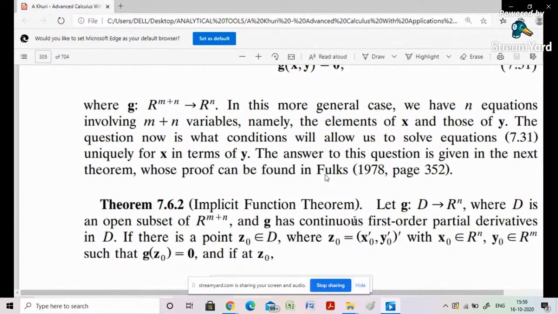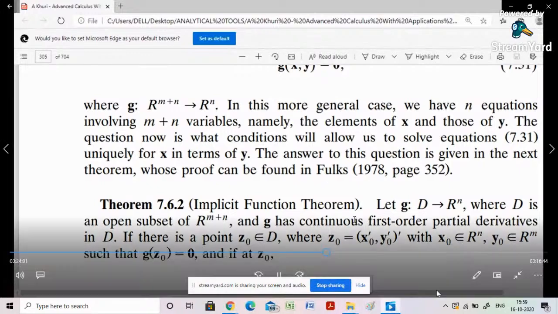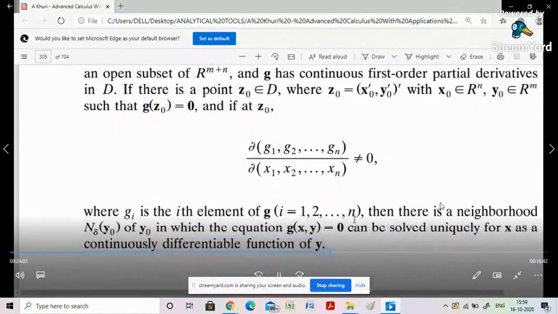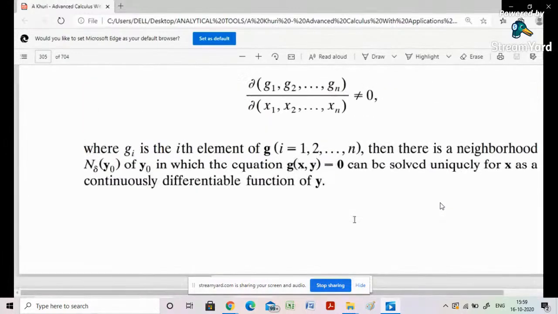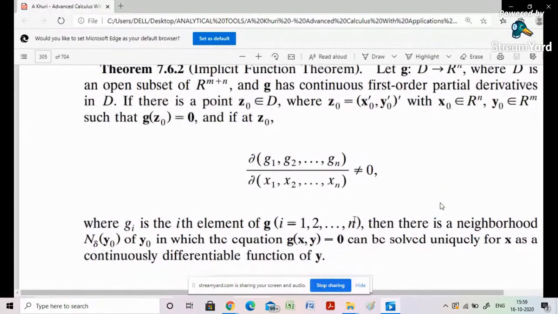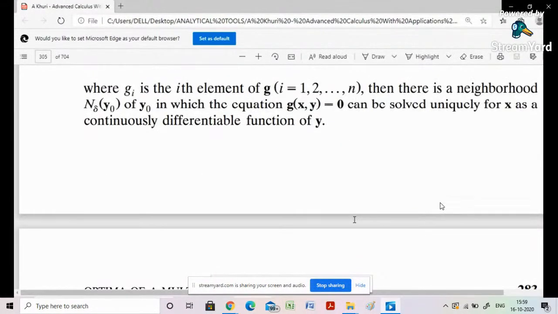In one case, x can be represented in terms of y, and y can be represented in terms of x. At the same time, in the second theorem, we cannot express y in terms of x, and in that case we can still solve. Those are the two theorems.